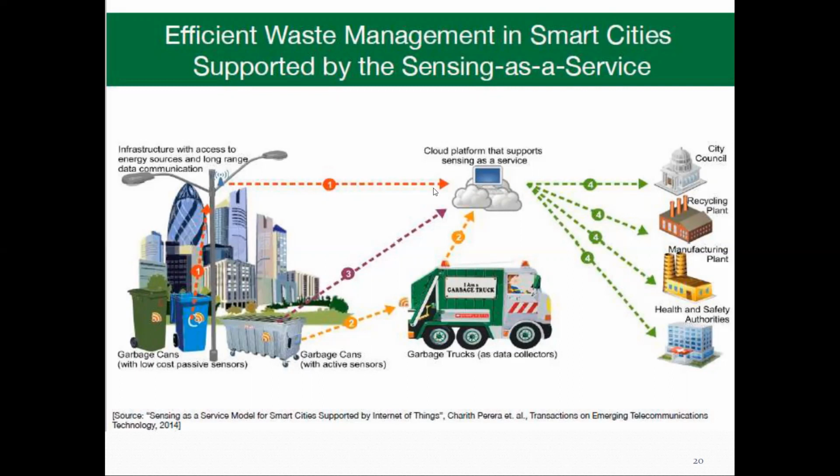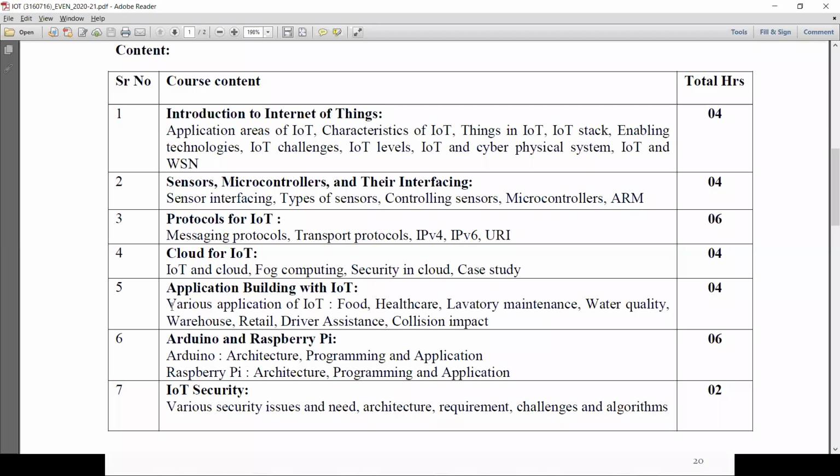If the first question for this unit number 5 is to write various applications of IoT, or write a short note on food application of IoT, right? So you have to prepare one particular answer for food application, secondly for healthcare, third for water quality, warehouse, driver assistant, collision impact. You will get lots and lots of material for these topics, right?